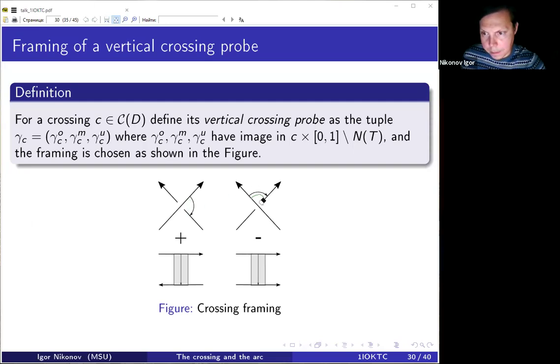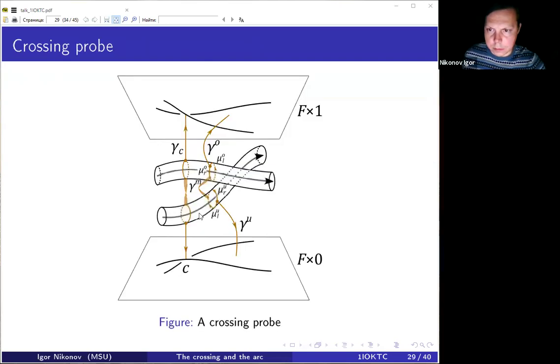Okay. And the isotopic classes of these probes with the frame part are the universal invariant and co-invariant, the universal co-invariant of crossings, and after factorization by the motion group, you get the universal invariant of crossings.